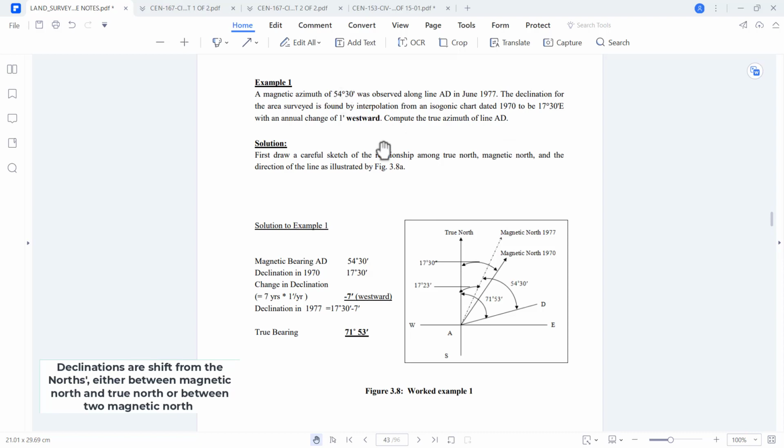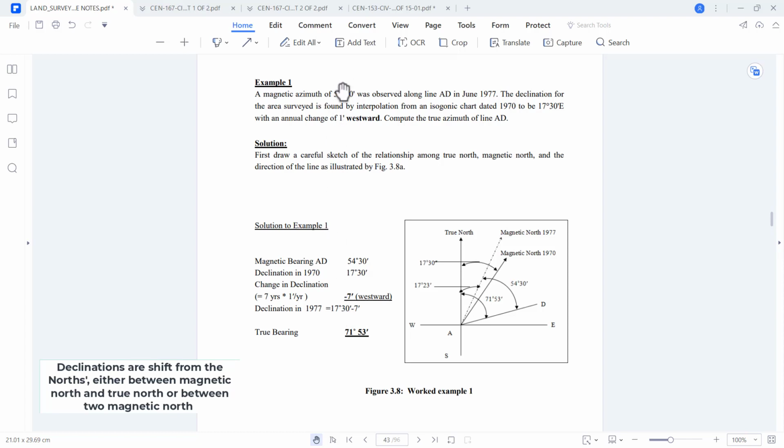So when we add it, we will get 71 degrees, because 23 plus 30: 0 plus 3 will be 3, then 3 plus 2 will be 5. That will give us 53, then the 17, then the 54.